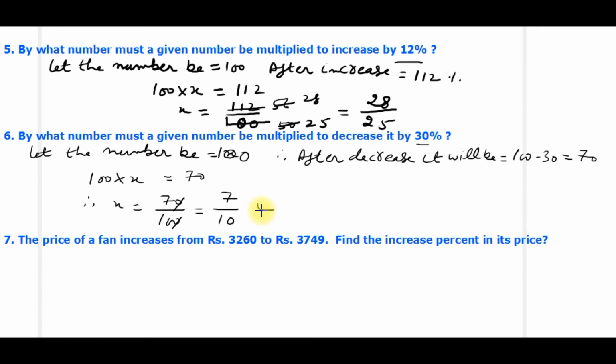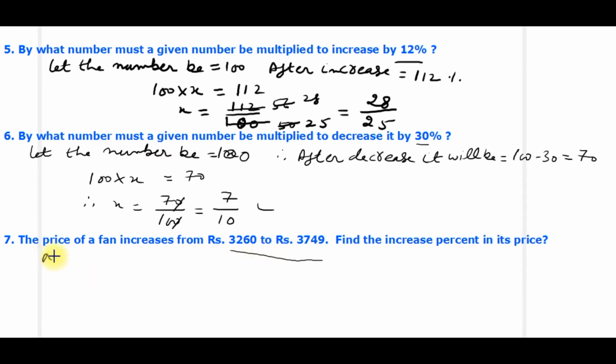Now we will move on to the next question. Question is 7. The price of a fan increases from rupees 3260 to 3749. Find the increase percentage in price.